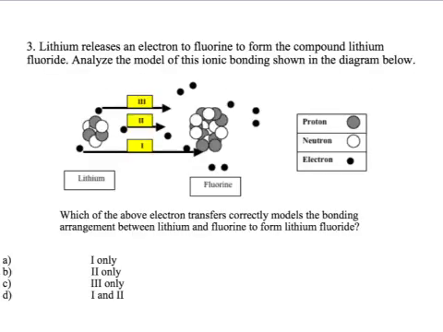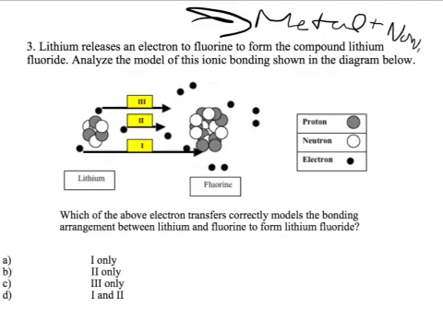Lithium releases an electron to fluorine to form the compound lithium fluoride. Analyze the model of this ionic bond. And again, guys, just so you know, an ionic bond is a metal bonded to a nonmetal. Shown in the diagram below. Which of the above electron transfers correctly models the bonding arrangement between lithium and fluorine?